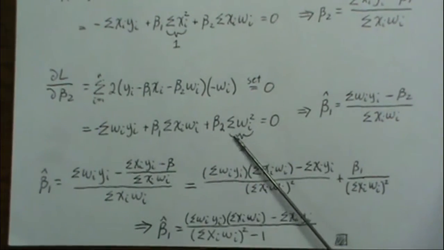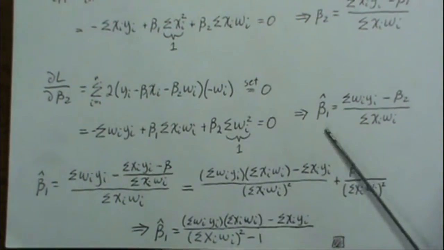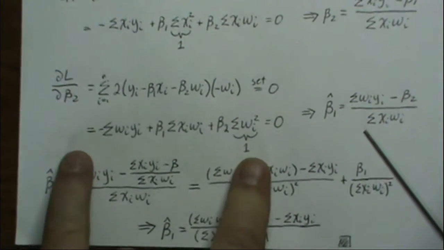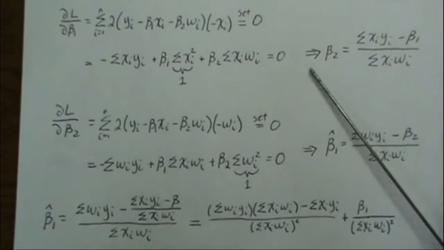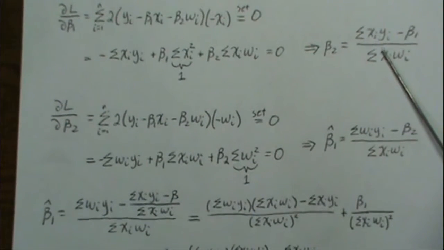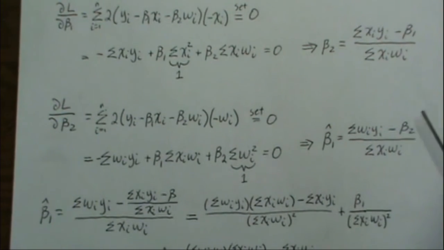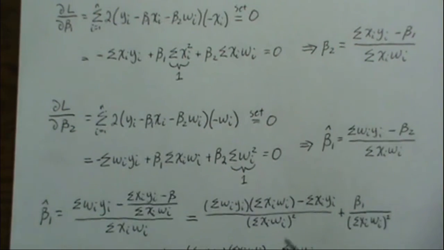So now we solve for beta 1 and we get this. Okay, but we solved for beta 2 up here, so we plug this into here, which then gives us one expression all in terms of beta 1.